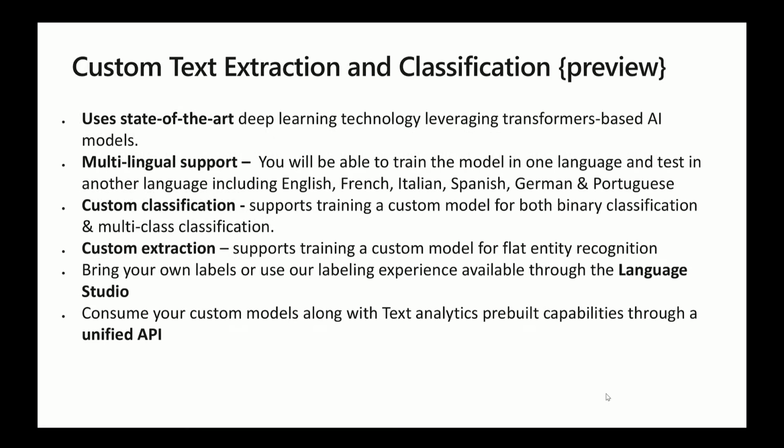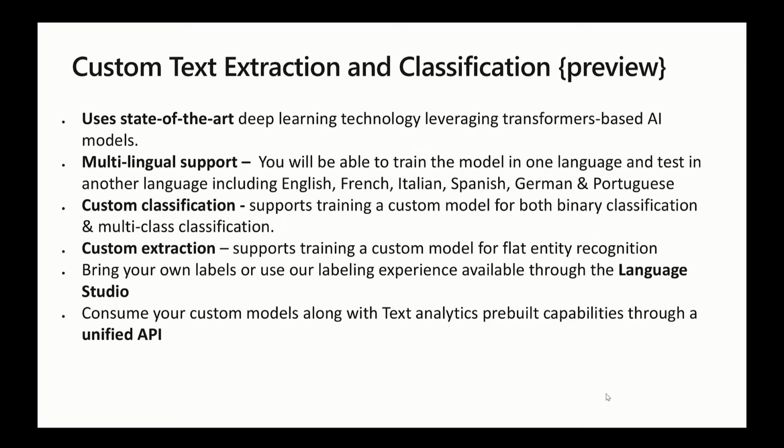Now, some customers want to customize what they want to extract or classify. If the pre-built models work for you, it's great. But in some cases, the pre-built models may not work for you. Say there is a domain specific scenario, or the prediction that you get may not be what you want from your business process.